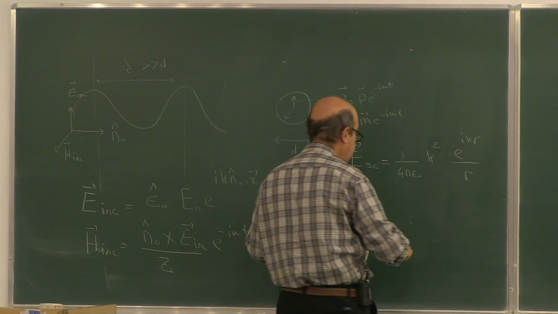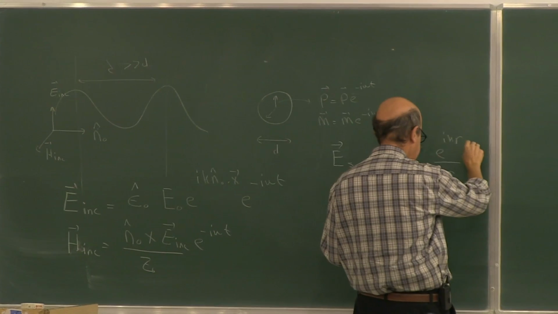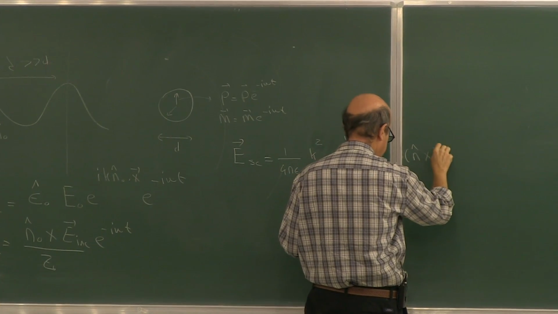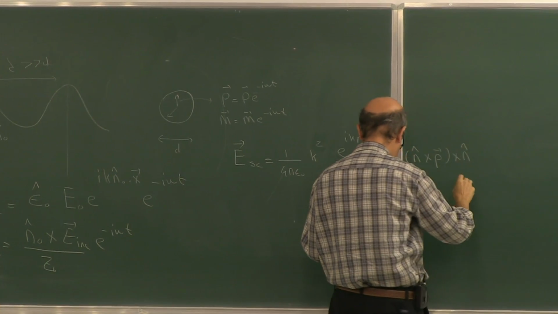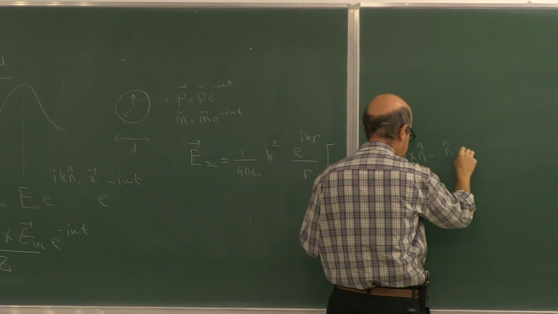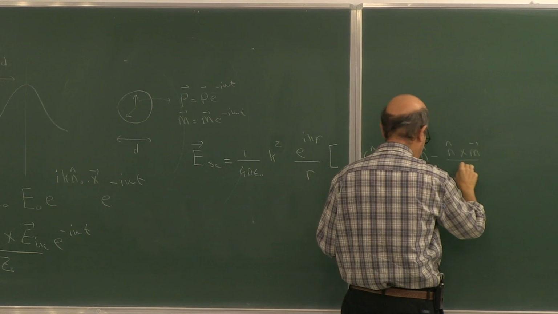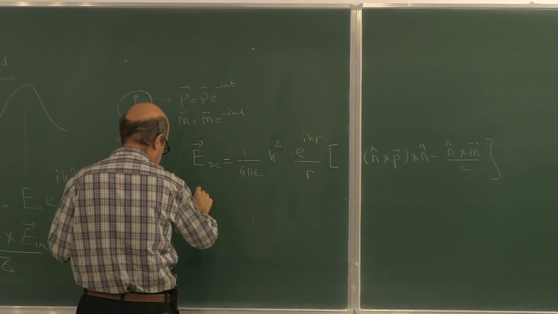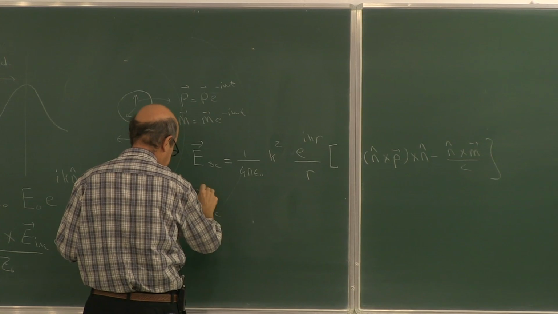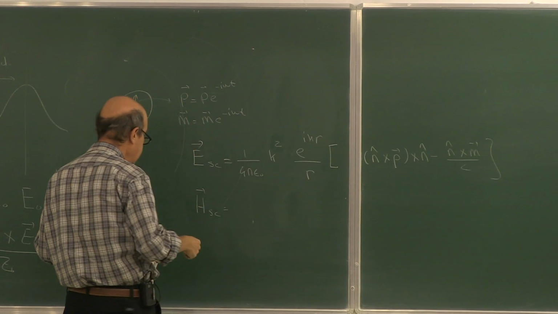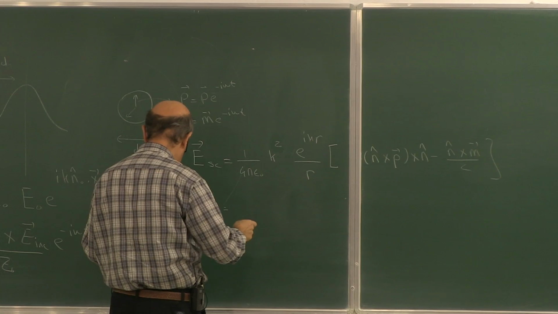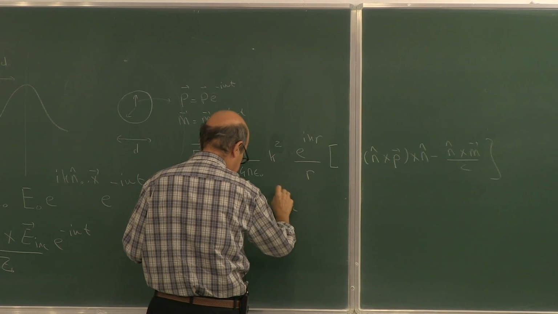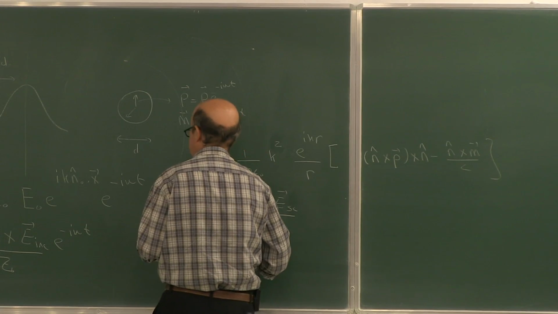This part is the spherical wave term, and the rest is n cross p cross n minus n cross m over c. And the H field is orthogonal to the propagation direction and the scattered field, so that is nothing but n cross E scattered over the impedance.